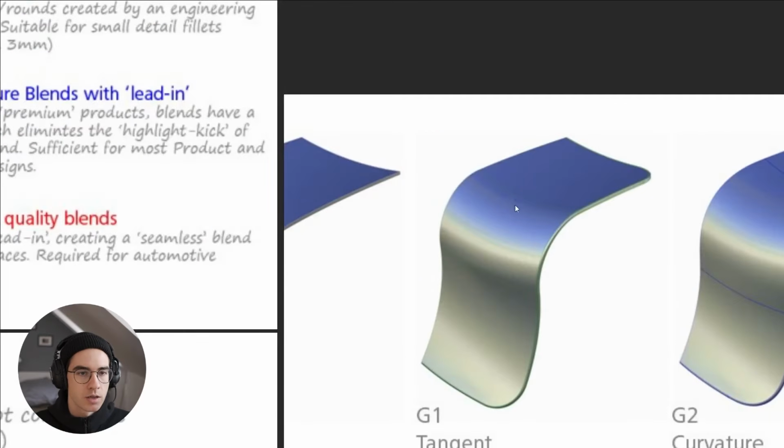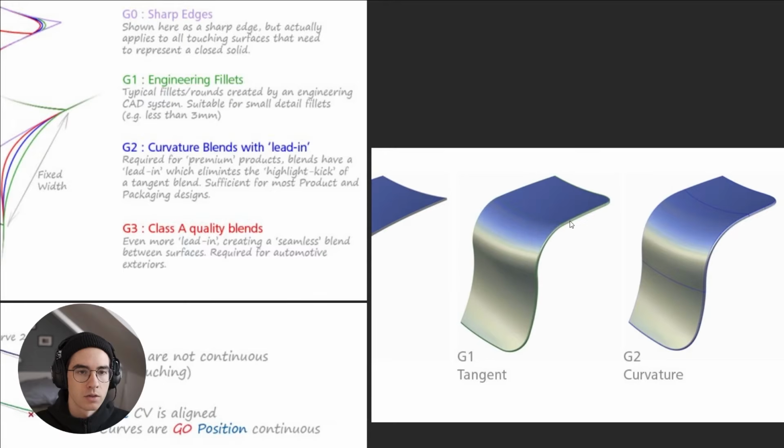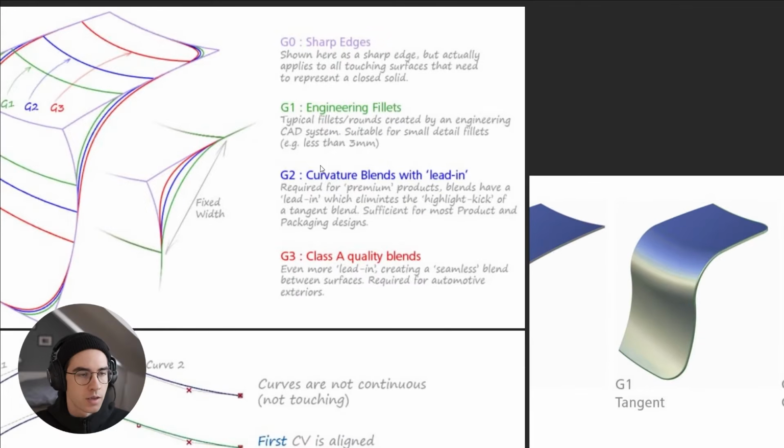The issue here is you might be getting those highlights at the point where they start, because they don't blend into these two surfaces smoothly. They are just tangent, so you might have some issues in the final render. So that's why we have curvature blend.